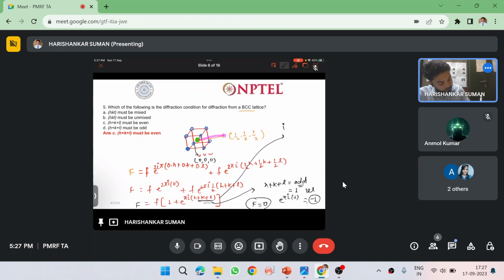If h plus k plus l is even, let's say 2, then 1 plus e to the power 2 pi i, multiplied by f. So this is some number, so diffraction will be there.